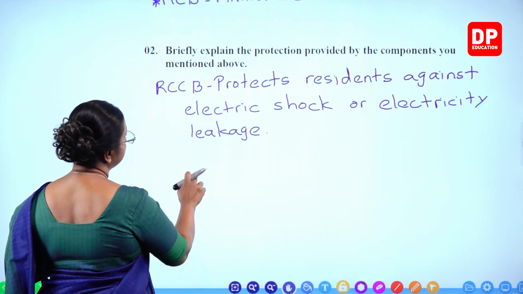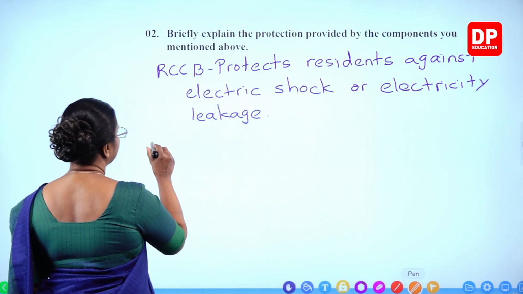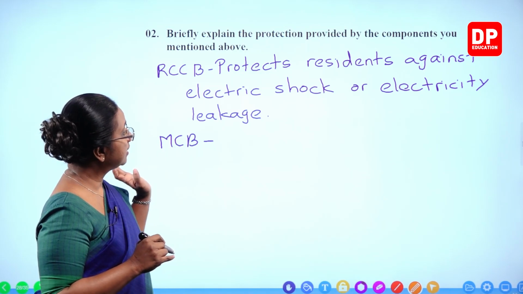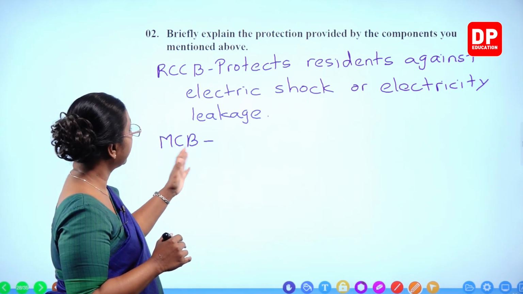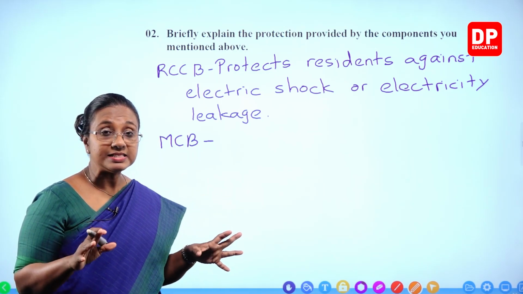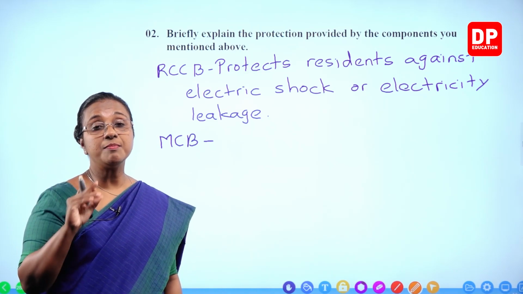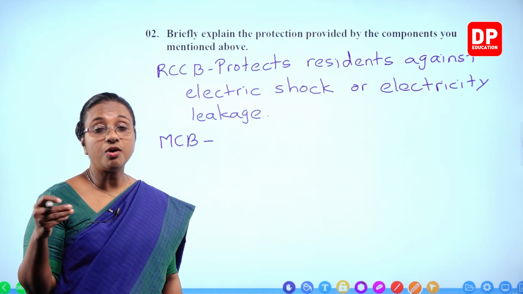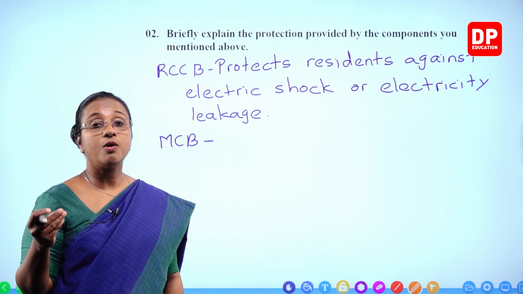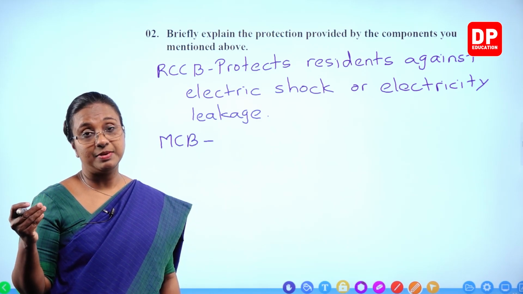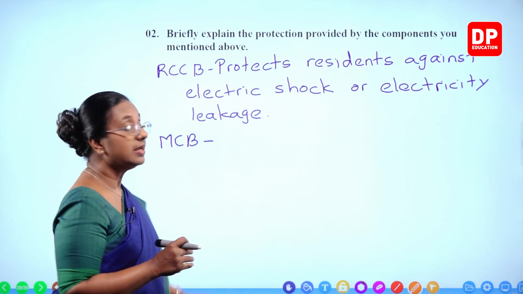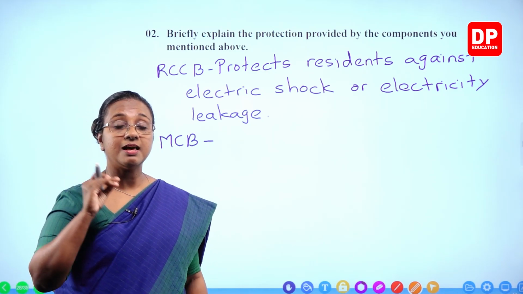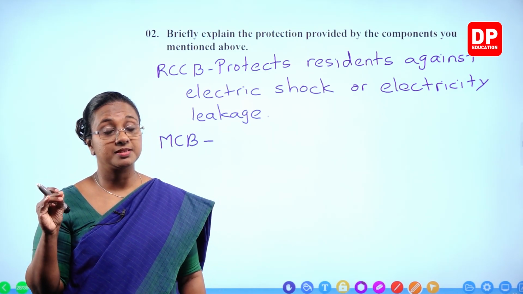Then the MCB. MCB does not protect the resident from electric shock or electricity leakage, but instead it protects the residents from electric shorts. If there are electric shorts or fire caused by overheated cables, that is prevented by the MCB, because you all know the MCB connected to the lamp circuit allows a maximum current of 6 amperes.